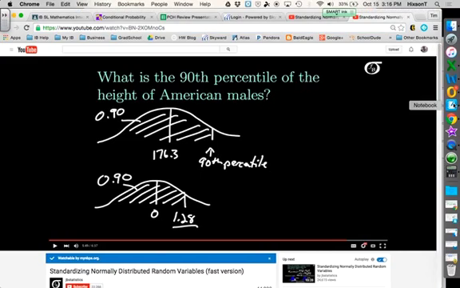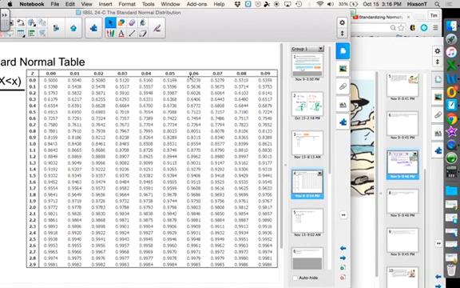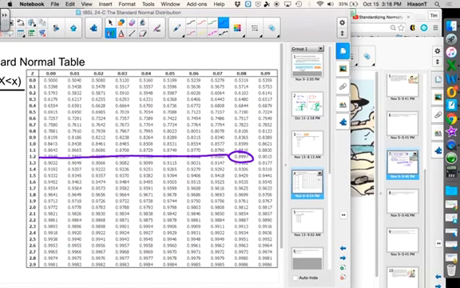Let's take a look back at our standard normal table. If you look through all these percentages, you can see here's 0.8889, here's 0.898, 0.8997, right here. And if you look at what value that gives us, that's 1.28 for z.